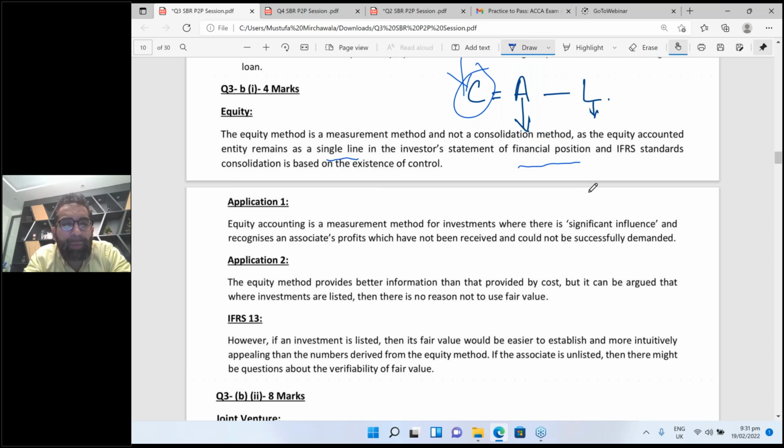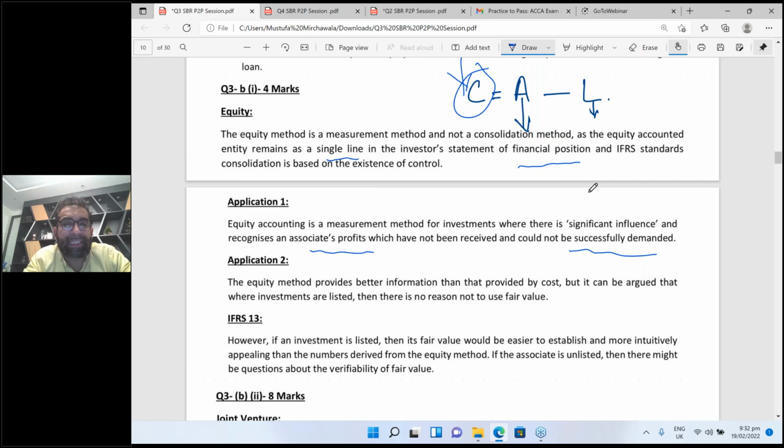Now, equity accounting is a measurement method for investments where there is significant influence, and it recognizes associate profits which have not been received and could not be successfully demanded. You have 30% shares, but you cannot take them out in the form of dividends because you don't have control.